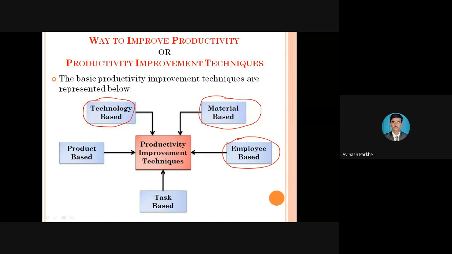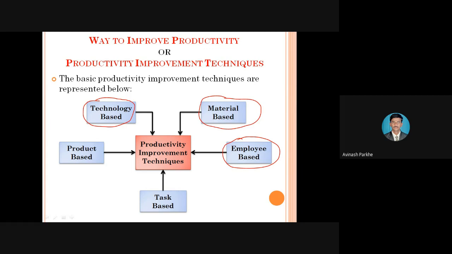If we provide such problems to the workers, they can also think about them and give decisions or solutions. If we implement such flexible systems in the industry, which is called employee based techniques, then we also increase productivity.